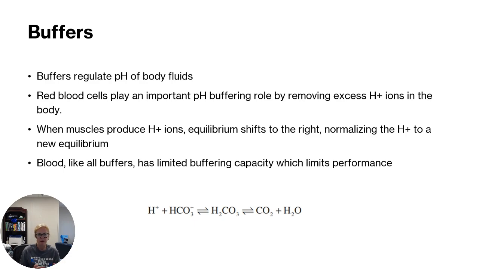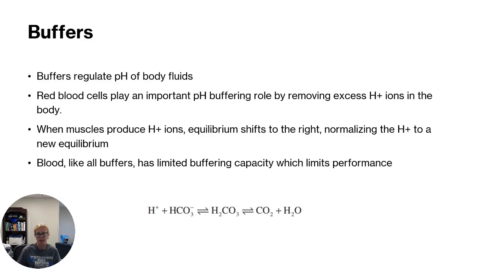Blood, like all buffers, is limited in terms of its buffering capacity. This means that your blood can only take up so many hydrogen ions, and eventually it reaches the point where it's taken up all it can, and that's what limits performance. If you're sprinting, for example, and you keep producing hydrogen ions, the blood's going to get to the point where it can't take up any more, so you're either going to have to slow down or stop. That's how a lot of buffers work.